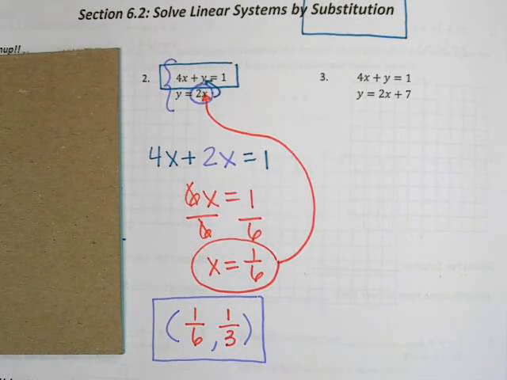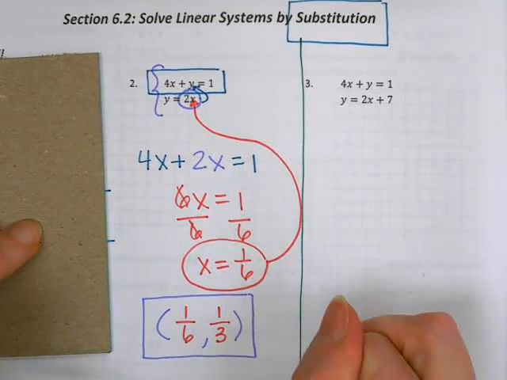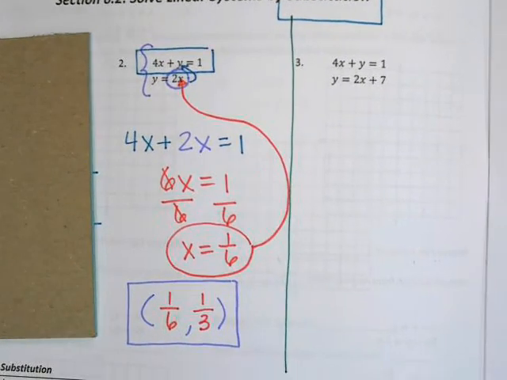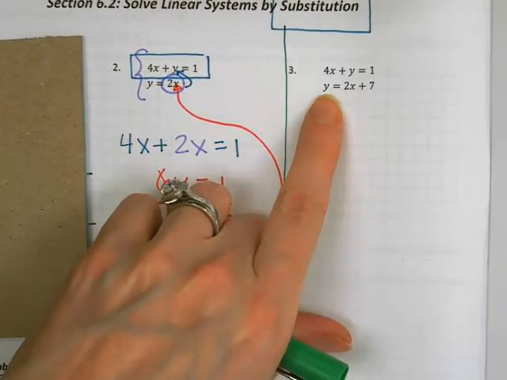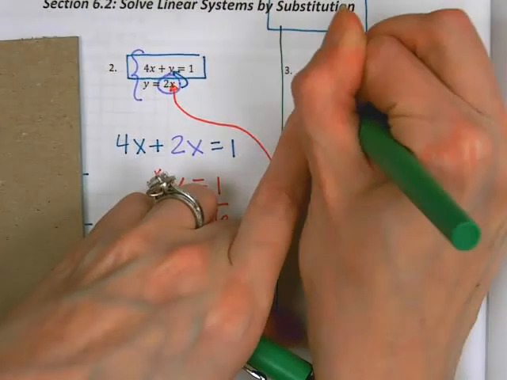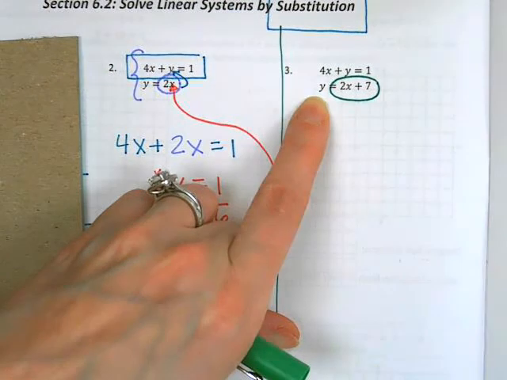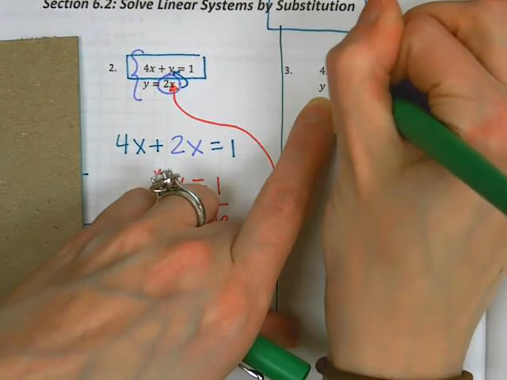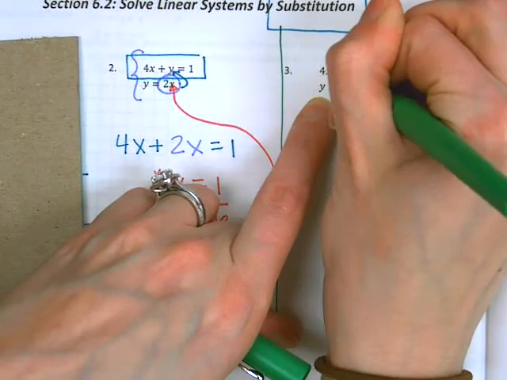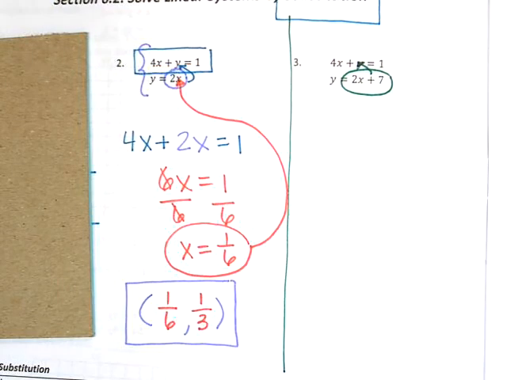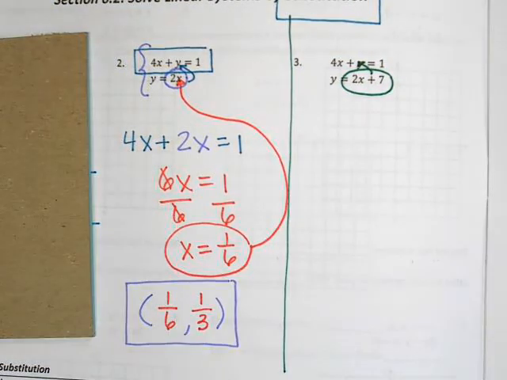Let's try another one. Number 3. Okay, so substitution says, see how we know that y is 2x plus 7? Well, that means in the other equation, instead of y, we're going to put 2x plus 7 in its place. We're going to make a substitution.